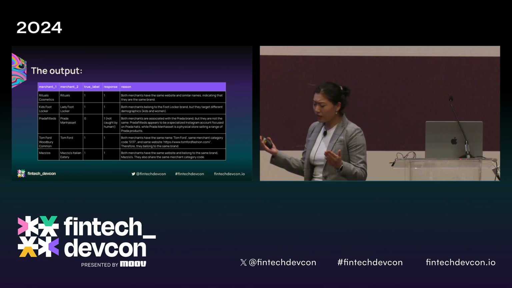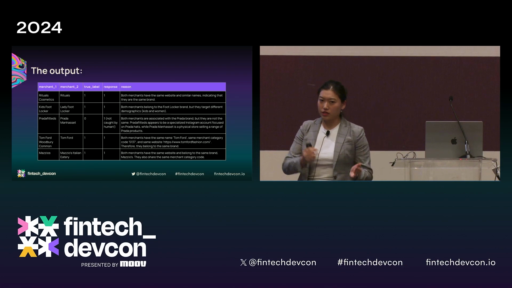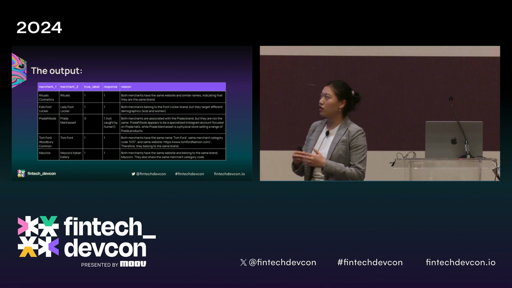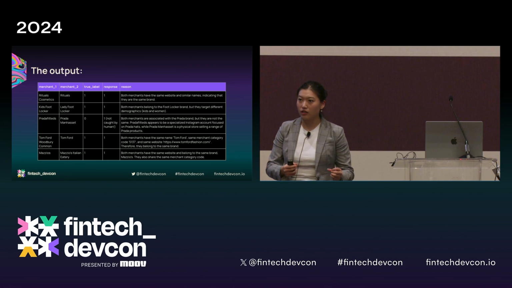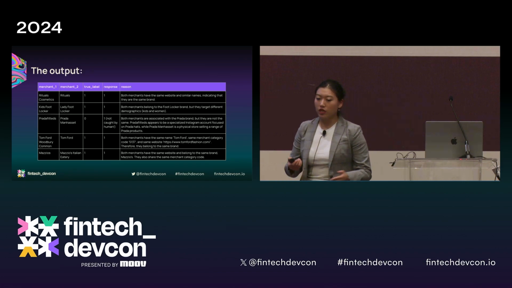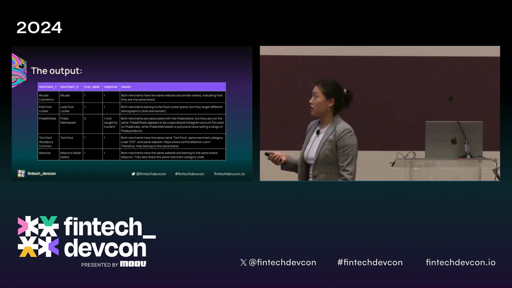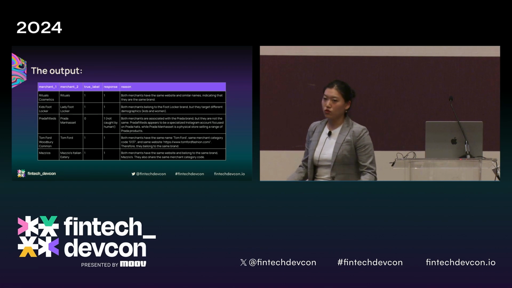It is possibly because of the system prompt. We didn't clearly indicate what it means to be the same brand. So for example, at this point, you can go back and change your system prompt saying, hey, an Instagram account can never be the same as a physical store.